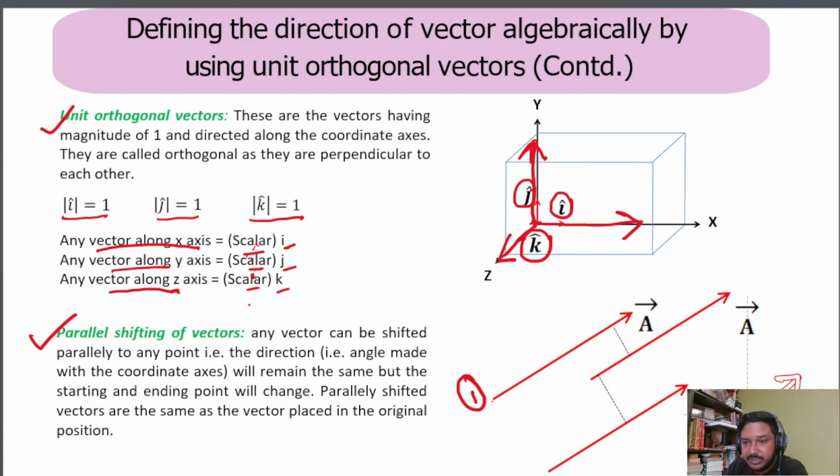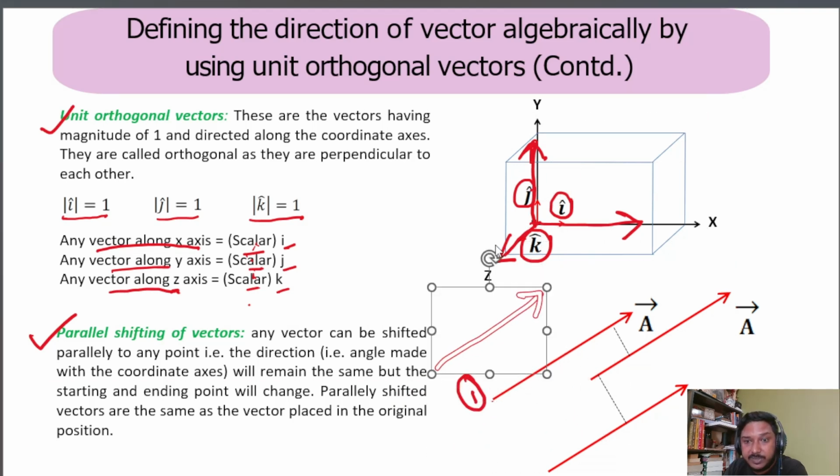As I am showing, it can be moved to here, to here, to here. I'm just moving it parallelly. I'm not changing the direction. As you can see on the screen, I'm moving this vector parallelly.